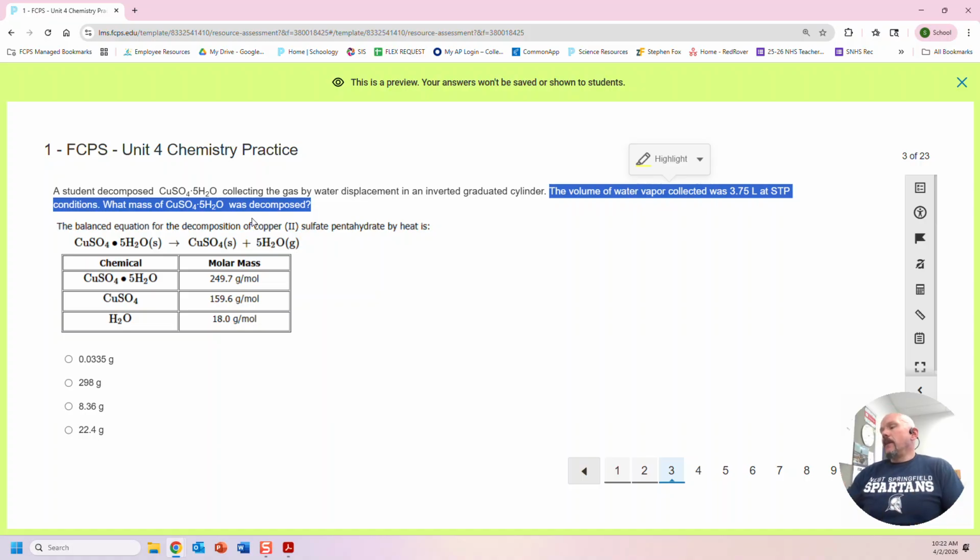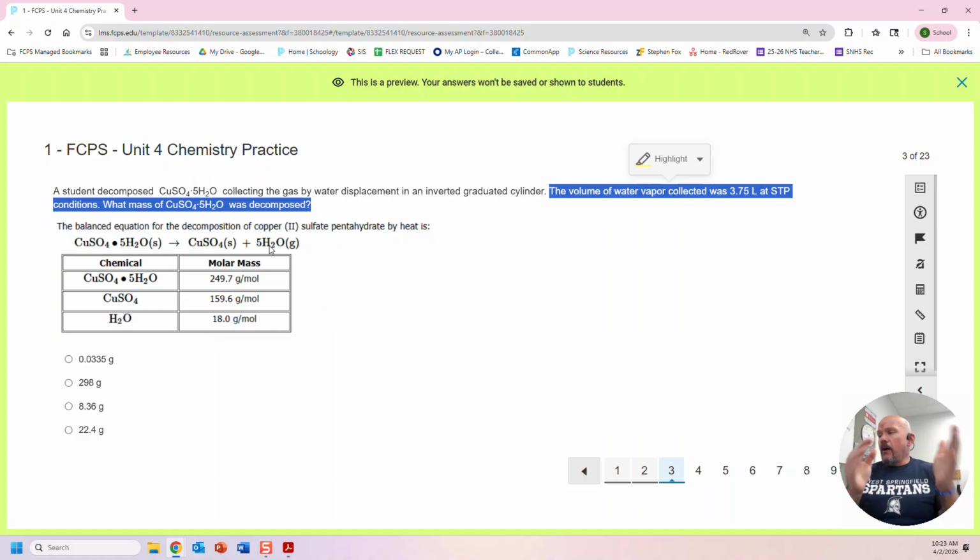And that's just, what's step number 2 for stoichiometry? Remember, step 1, we have our recipe, we have our balanced equation, 1 mole of this for 5 moles of water produced, right? 1 mole of the hydrate decomposes to produce 5 moles of water. That's our recipe. Step 2 is take what we were given and convert it to moles.